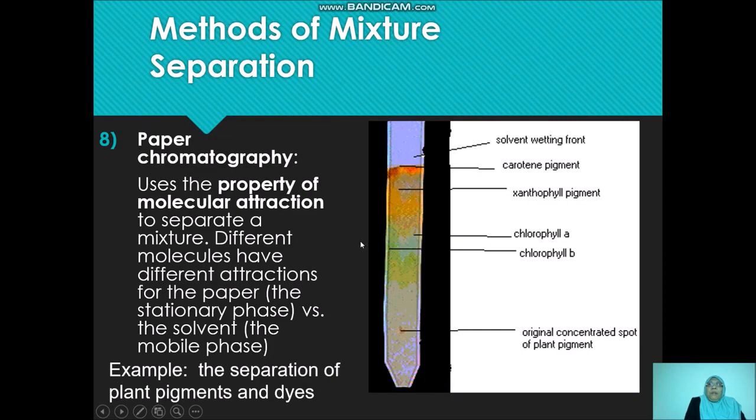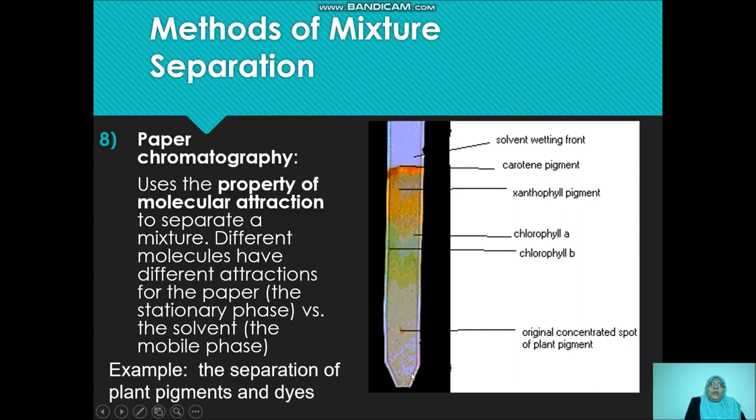Next, paper chromatography. What is paper chromatography? It is like this. If you have a tissue and you put it here, with the bottom in the water but the pigment above, not touching the water, you put the original plant pigments.